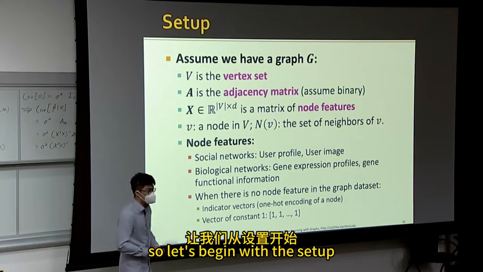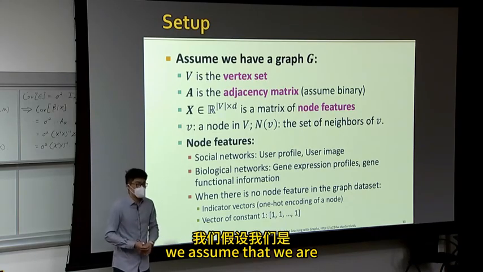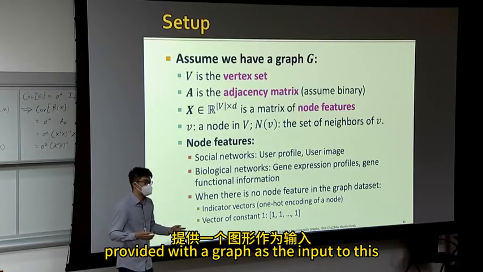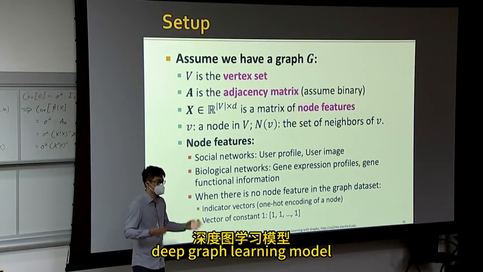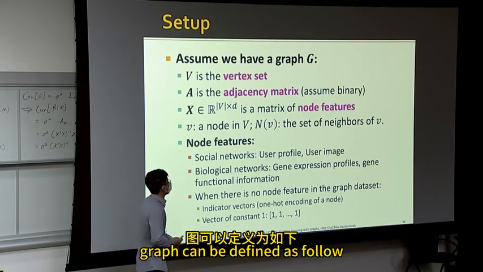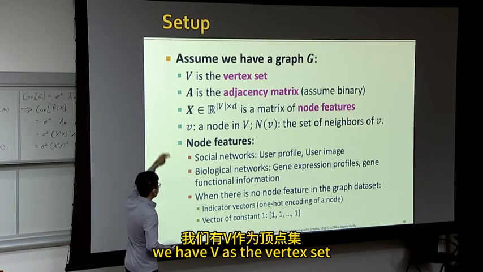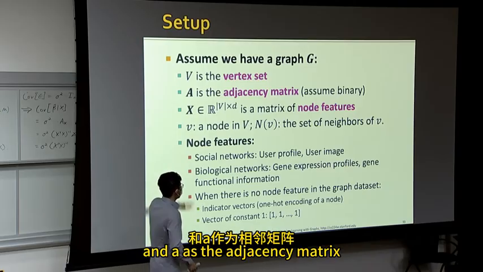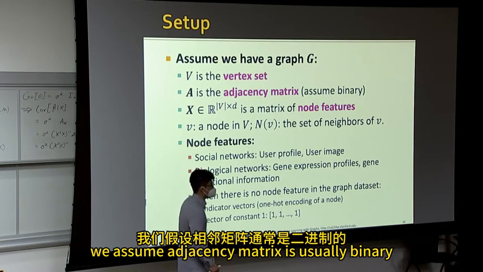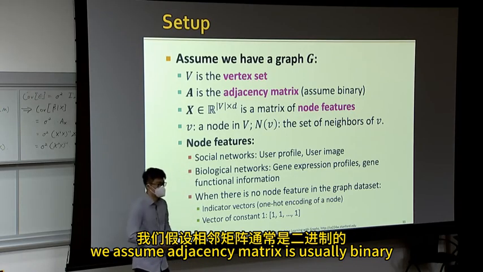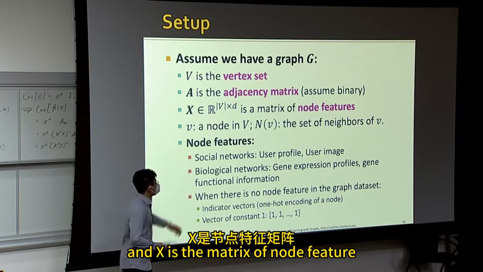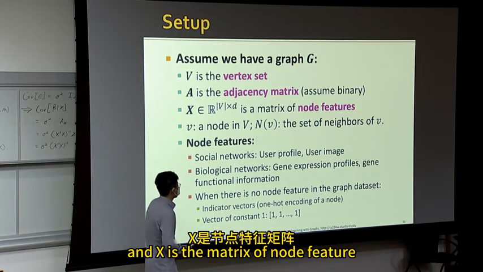So let's begin with the setup. We assume that we are provided with a graph as the input to this deep graph learning model. Graph can be defined as follows. We have V as the vertex set and A as the adjacency matrix. We assume the adjacency matrix is usually binary. And X is the matrix of node features.